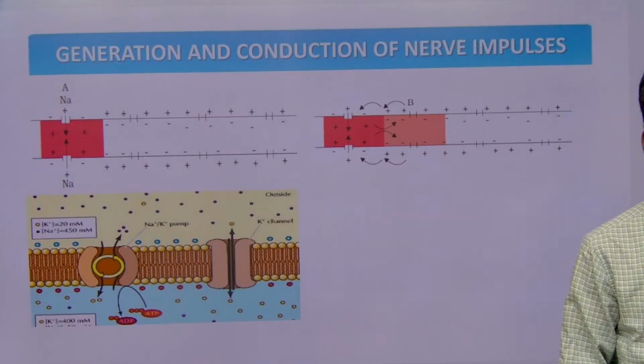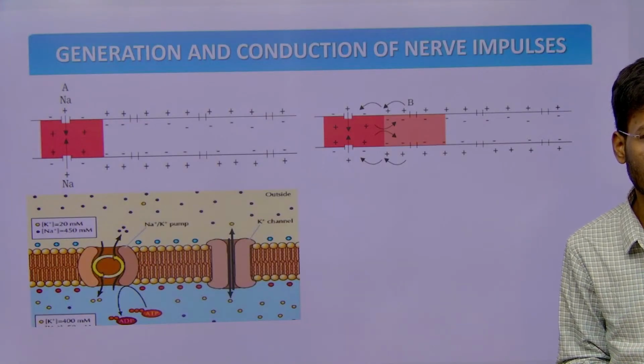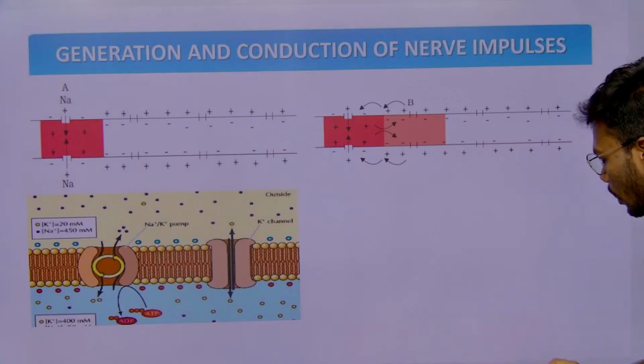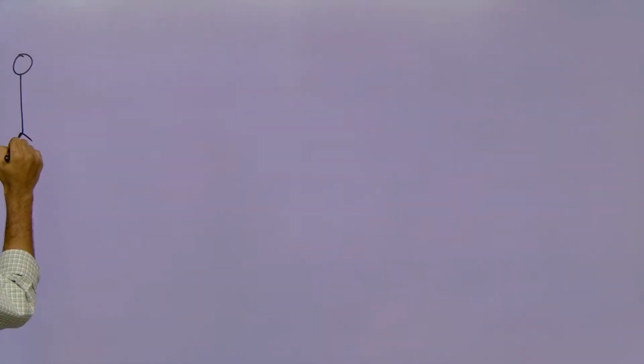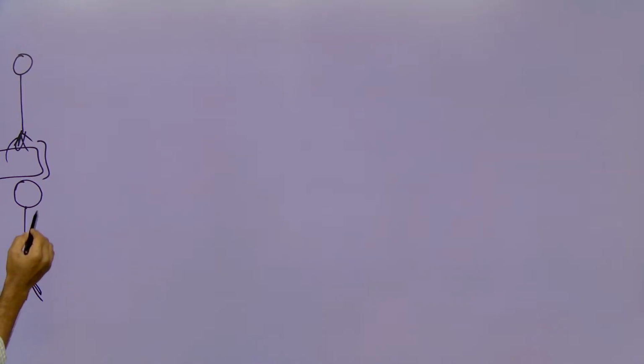So we need to know how the transmission of the nerve impulse takes place. This was the last part, so we'll see. This is one neuron and this is another neuron. This is the gap between the two neurons.